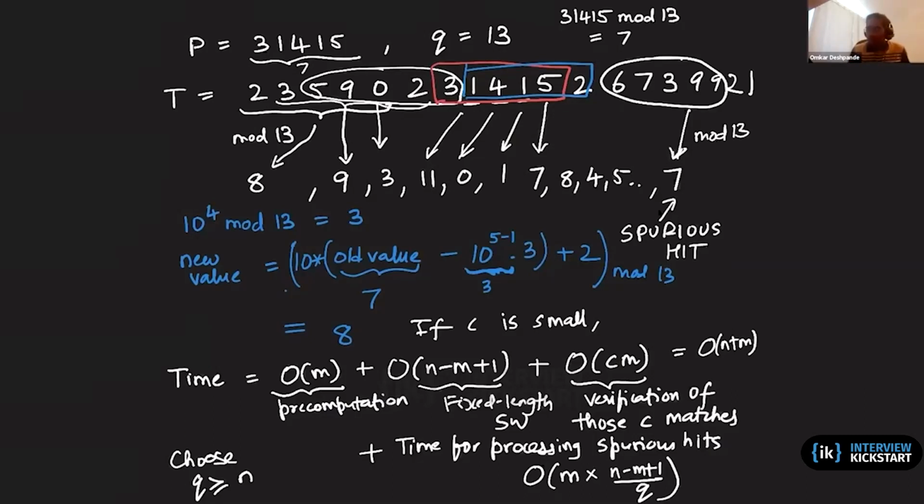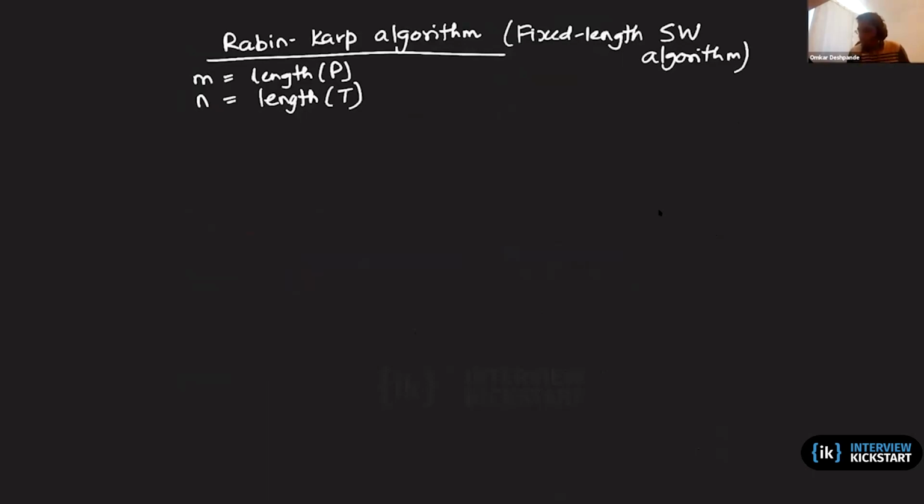Okay, so let's write the code now for Rabin Karp. I'm going to assume a d value of 26, but it could be something else. So let's assume the lowercase letters.